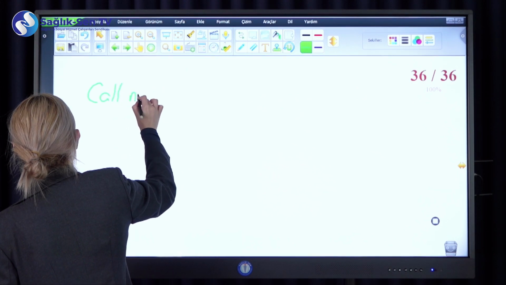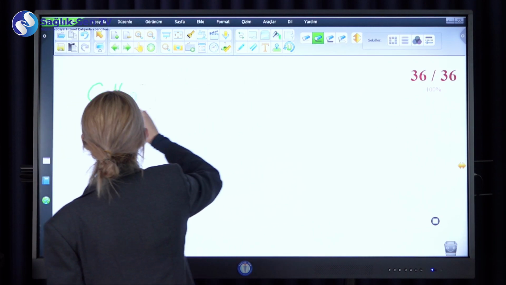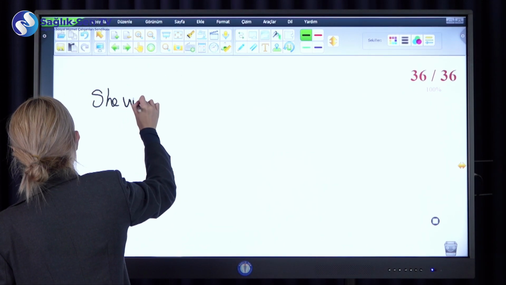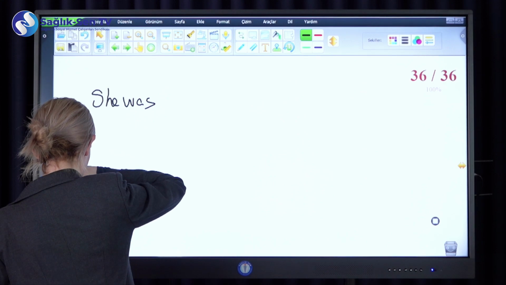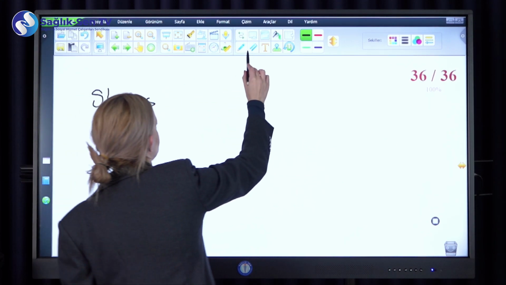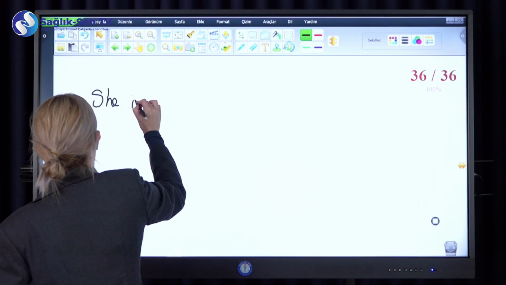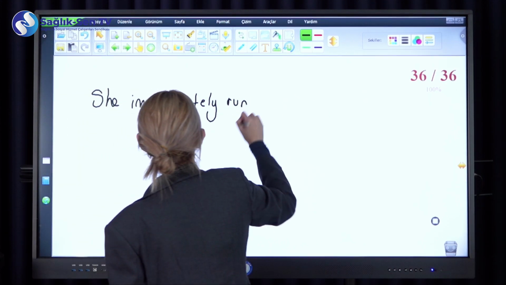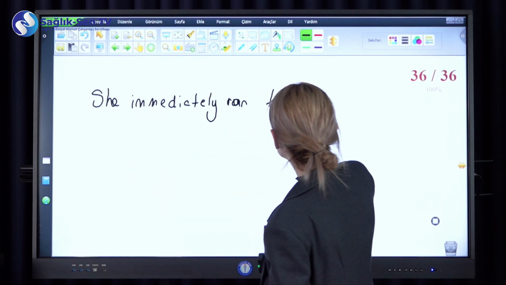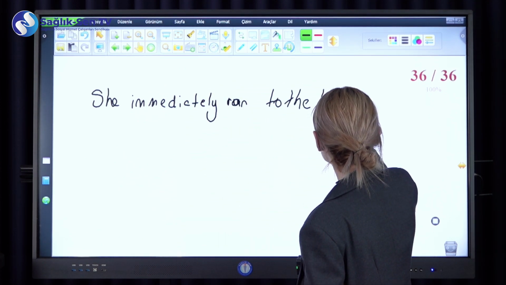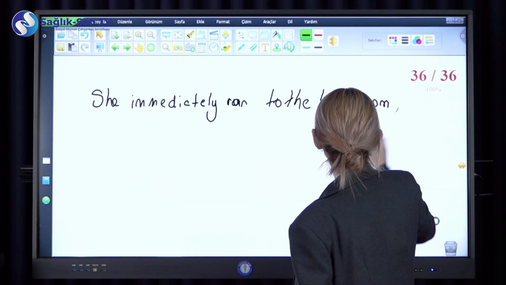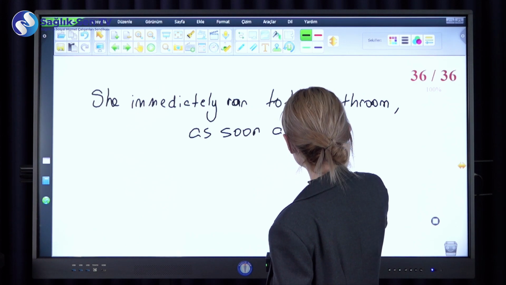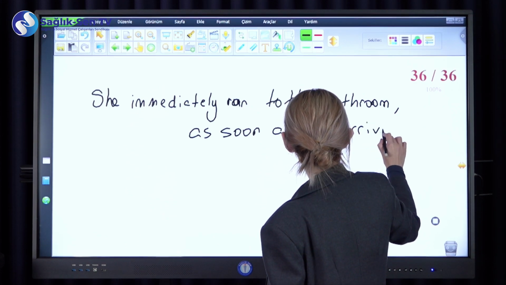Or let me give another example. She immediately ran to the bathroom as soon as she arrived home.